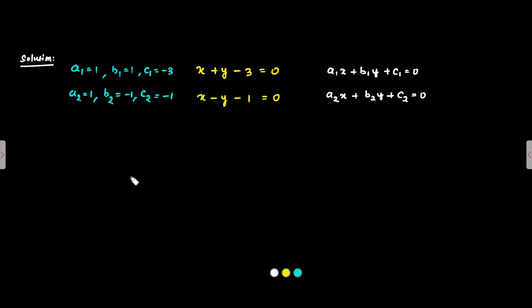So B1, B2, that is 1 and minus 1, then C1, C2 minus 3 and minus 1, then A1, A2, that is 1 and 1, and again B1, B2, which is 1 and minus 1.